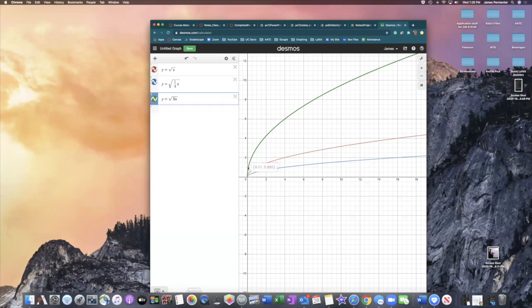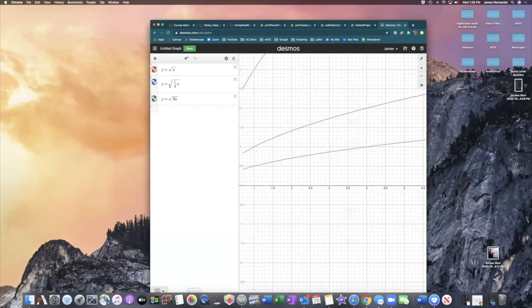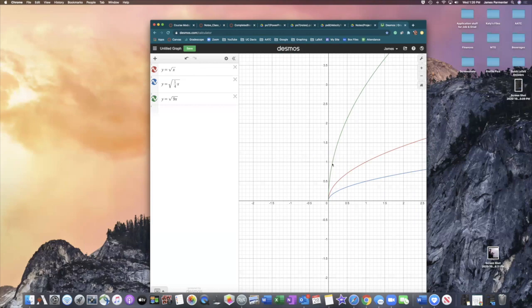So the point 1/9, 1 is the point I'm trying to look for. It's hard to get that point, but this point here is going over there, and all these points are compressing to the left.